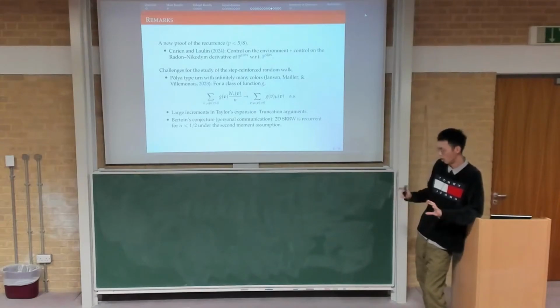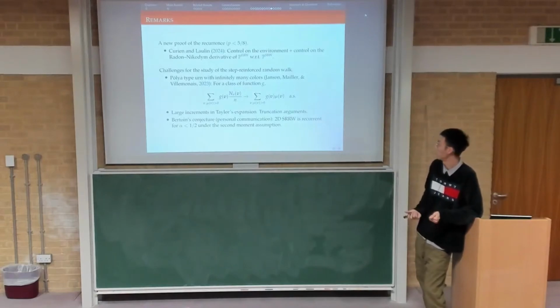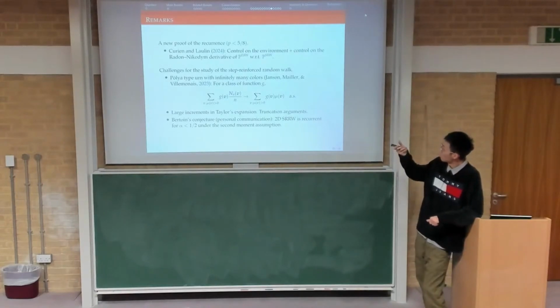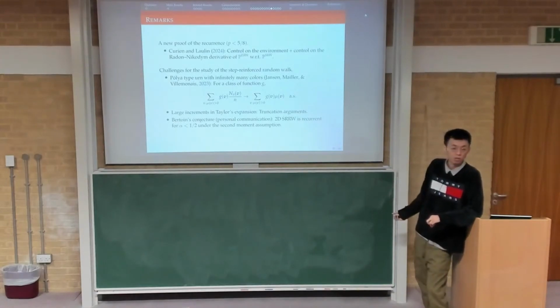They use some kind of functional central limit theorem. Then actually one can show that the law of the elephant random walk is absolutely continuous with respect to the simple random walk.